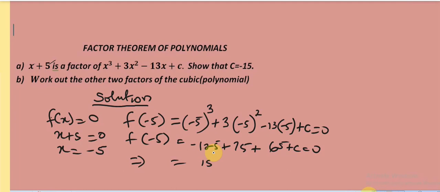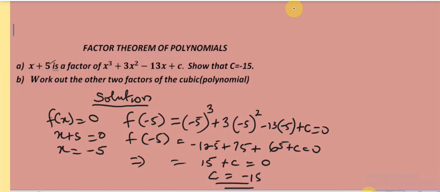So 140 minus 125 is going to be 15, plus c is equal to 0. Now to make c the subject of the formula, c is equal to 0 and plus 15 will cross over to meet 0. That becomes minus 15. You can see the value of c is minus 15. So we are now able to show that c is equal to minus 15.